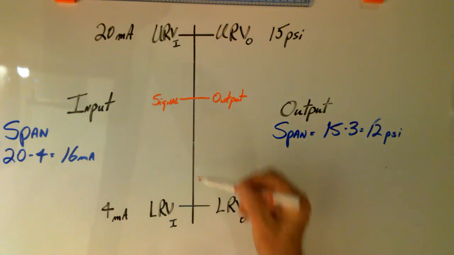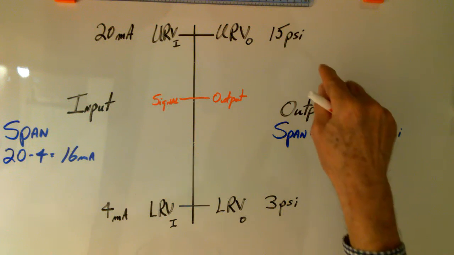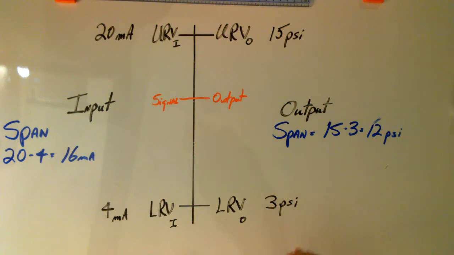If I had my slider on 20 milliamps, then the output would be at 15 psi. If it's somewhere in between, you can determine the output by doing a ratio of all the spans. That will give you a correct answer.